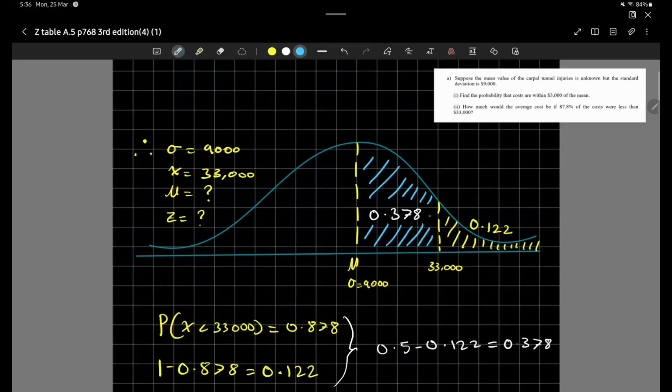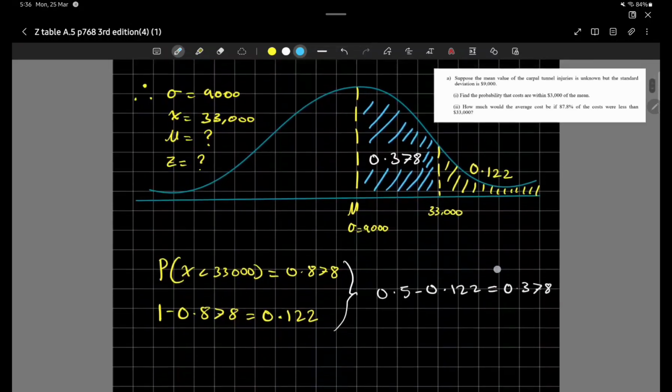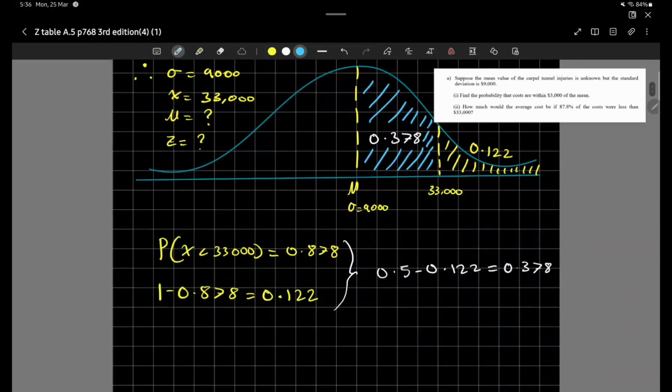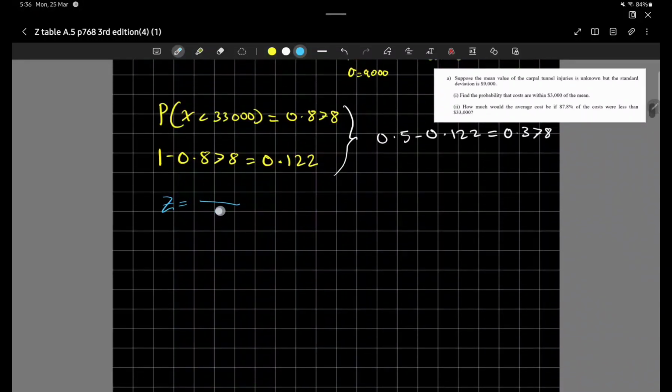And this is where it gets a bit tricky in statistics: sometimes you are given numbers that you don't necessarily need to know. So in order to compute the average cost, say you only have your Z equation, where it is x minus mu over sigma.